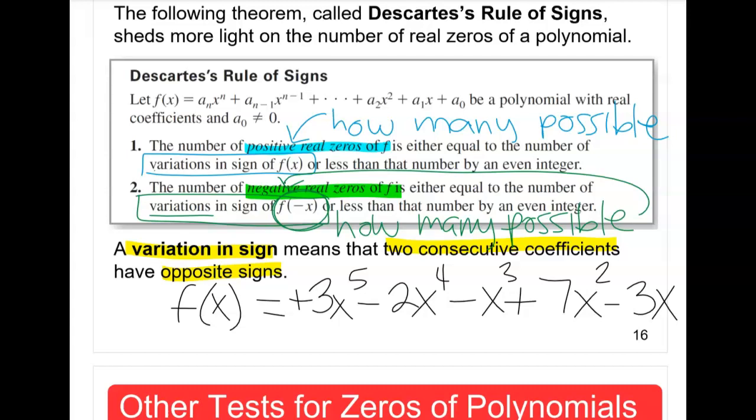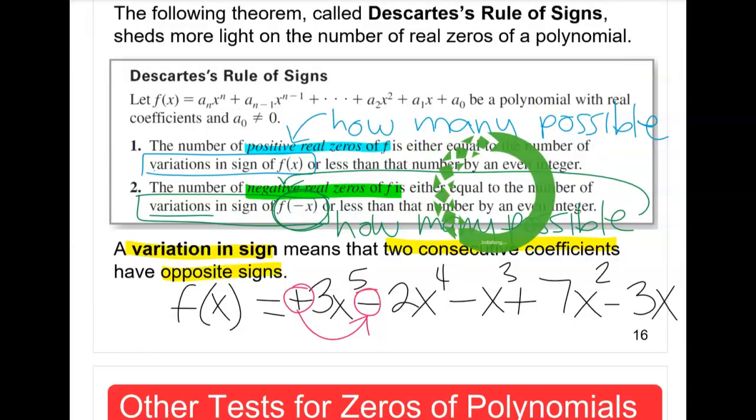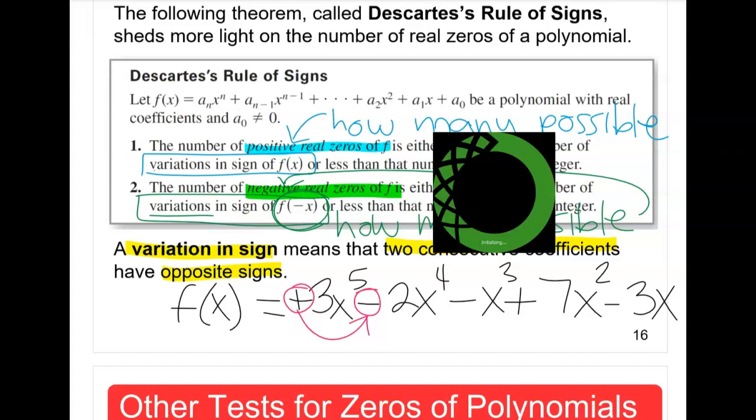Now, if we consider from positive to negative, those two consecutive coefficients, we could see that it went from positive to negative, so that is considered one variation in sign. One variation. Okay, now from here, it was negative, and then it's negative still, so no variation there at all. But then we go from negative to positive, so that's another variation right there.